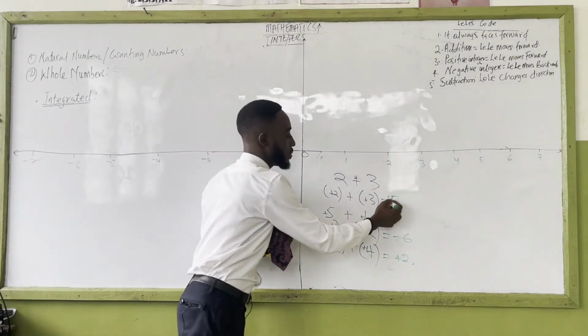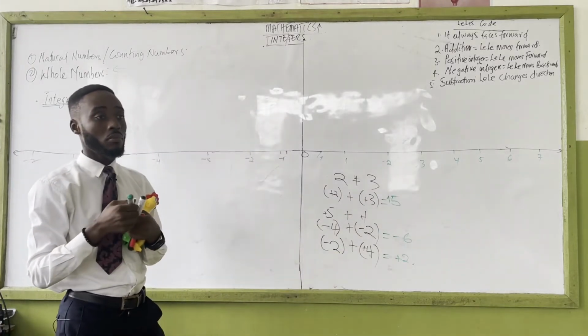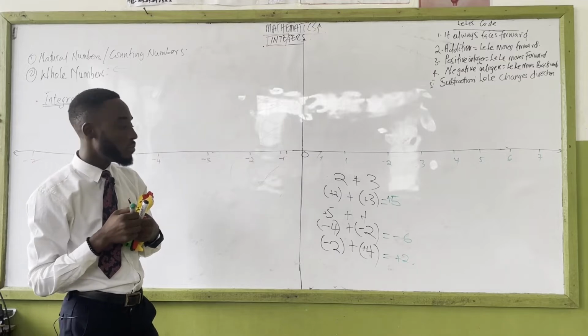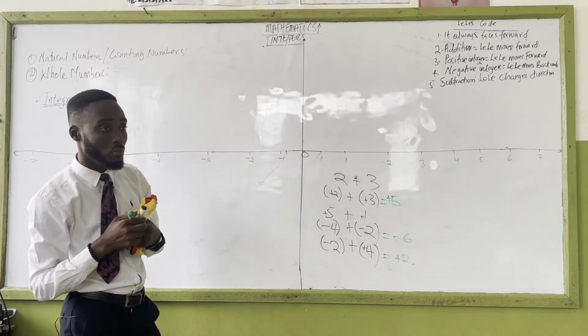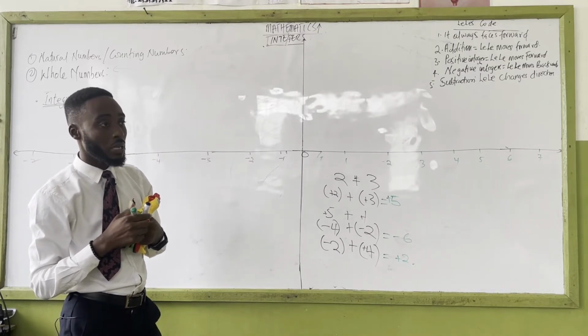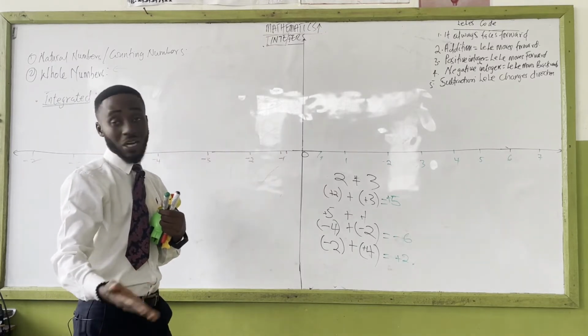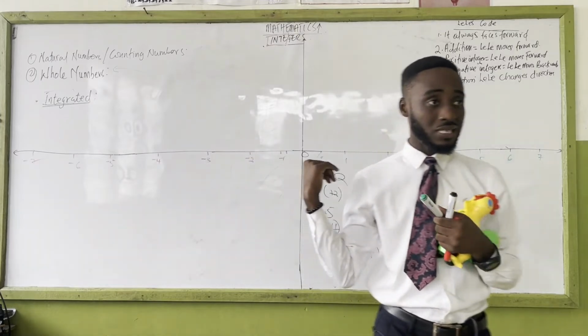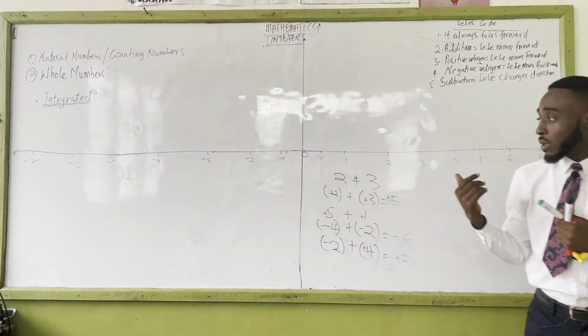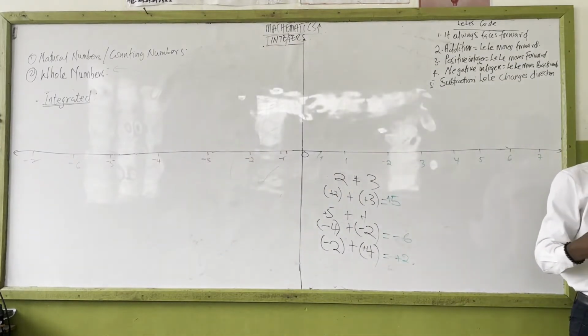Okay, positive 5. All right. 6. So let's exhaust the addition first. The next one will be subtraction. Have we exhausted enough on the addition? Yes. All right.